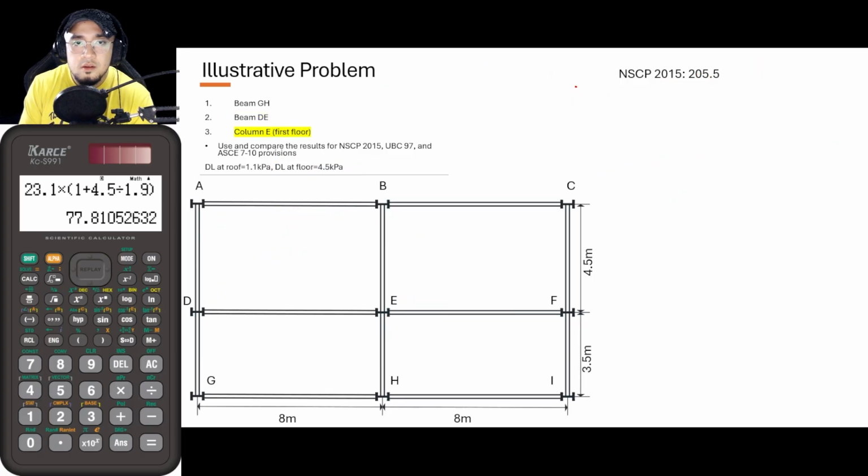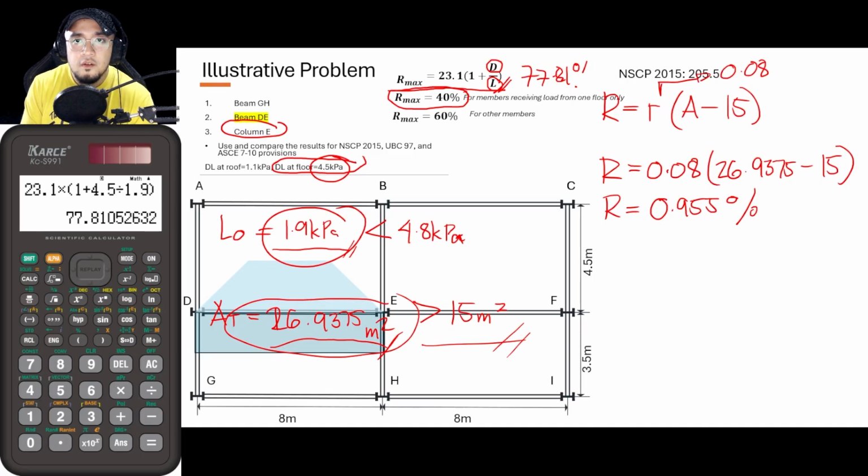So from that 77.81, we will be choosing between these two, whichever is the lesser value. If you are getting confused, both of these reduction rates should be satisfied.